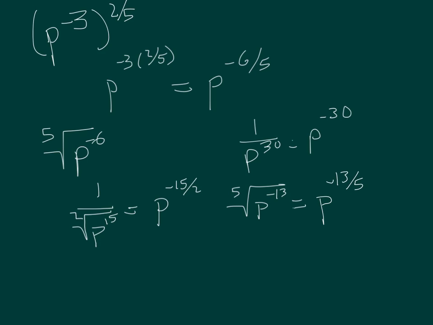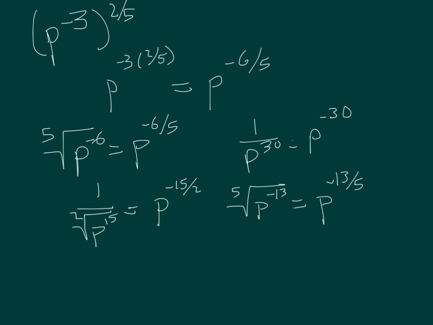Mr. Funk, yes? Wouldn't the denominator, which would be the 13, go on the bottom? Because the denominator goes on the bottom, right? The 13, the one that's on the variable itself underneath the radical, does go to the top. Just like this went to the top. That's why this one matched. Because this does equal p to the negative 6 over 5.